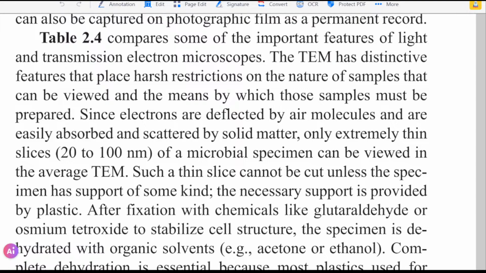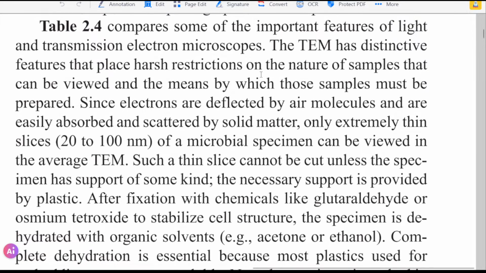By specimen preparation, it means you have to make a thin layer of the specimen, and some chemicals can be used to fix it, so it doesn't block the way of the electrons. That's because the TEM studies the inner structure, so it needs this thin layer.